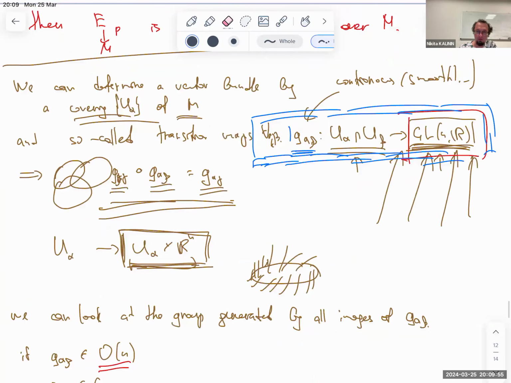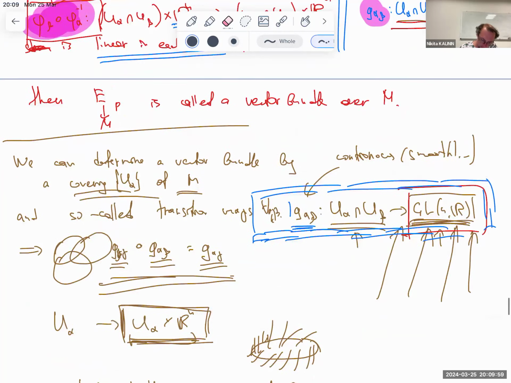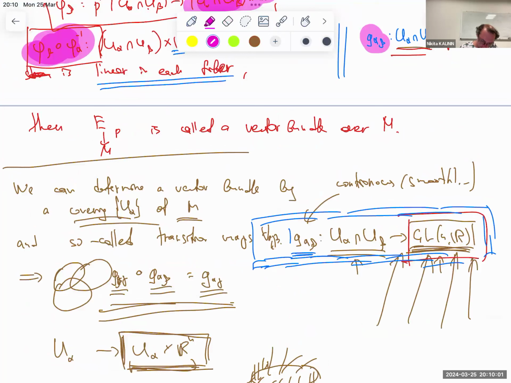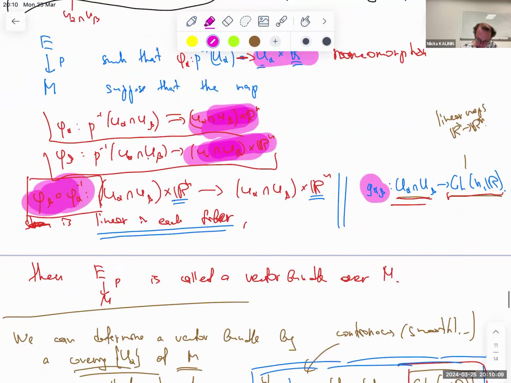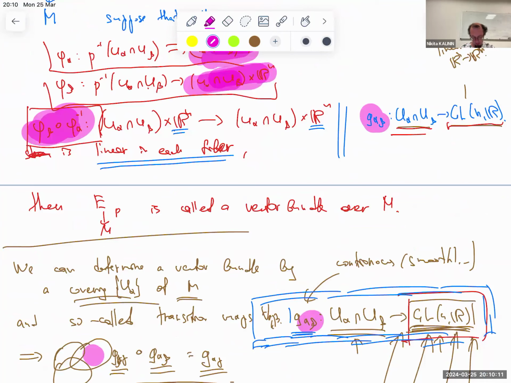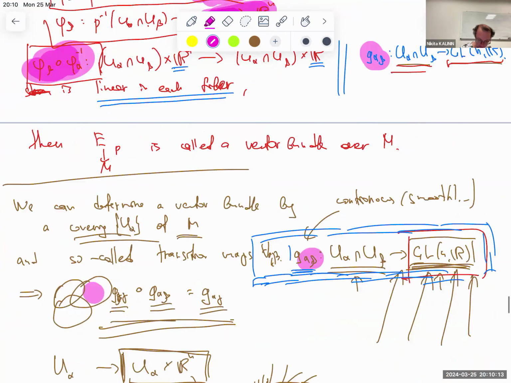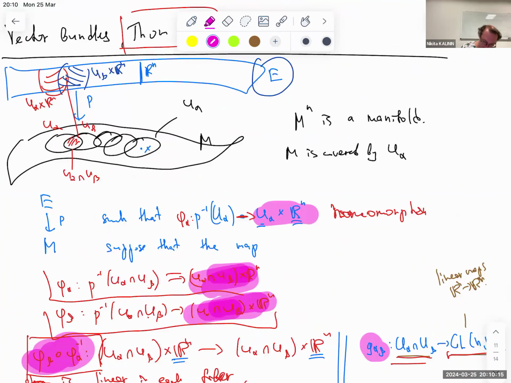But you can try to imagine what happens, because just imagine that you have a small neighborhood on your manifold, and here you change the identification above. So take one of the covering elements and change the identification by alpha.